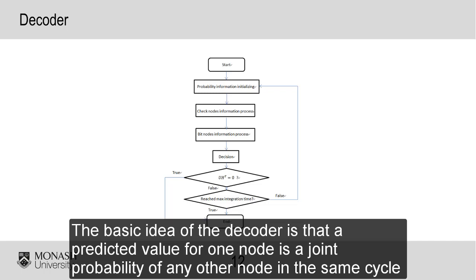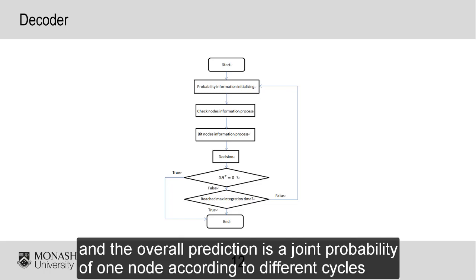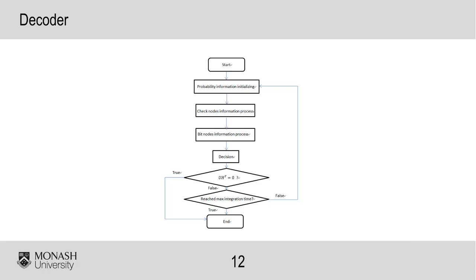The basic idea of the decoder is that the predicted value for one node is the joint probability of any other nodes in the same cycle, and the overall prediction is the joint probability of one node according to different cycles.